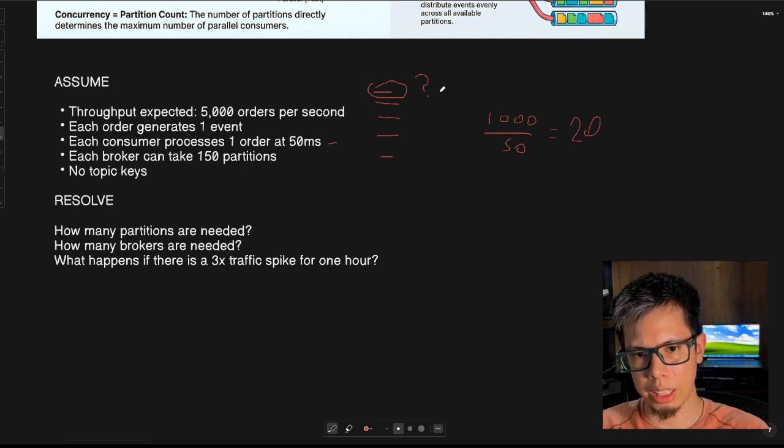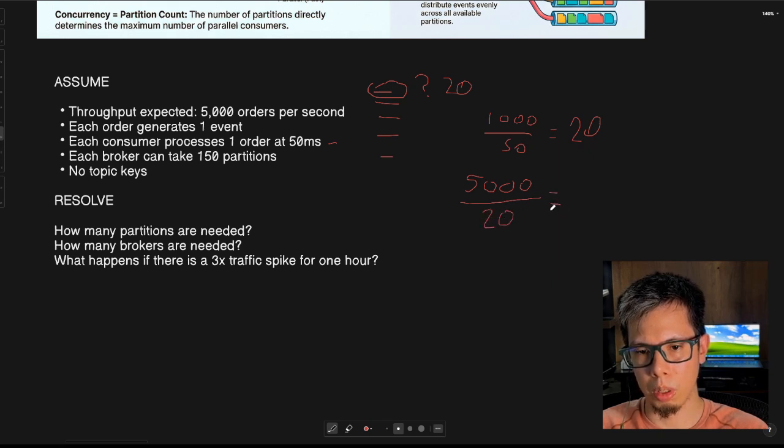So in a single job, in a single second, there will be 20 messages. So you can easily calculate: if you need 5,000 orders in a single second, and for a single job you can consume only 20, how many jobs do you need?